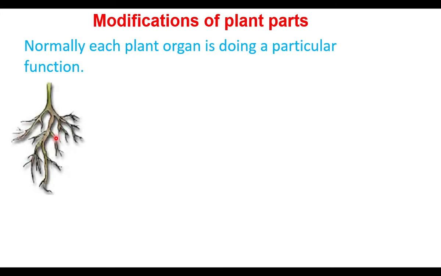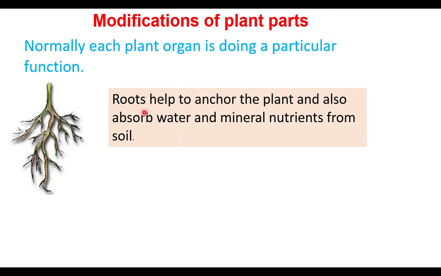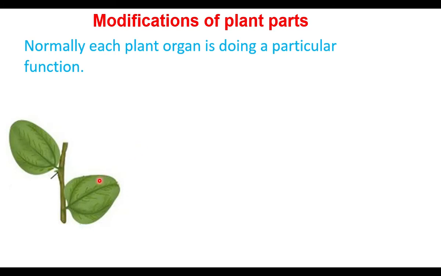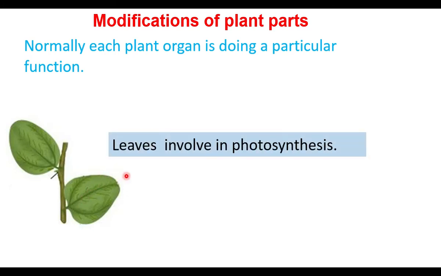The root system fixes the plant on the soil, that is anchors it, and the root system absorbs water. Roots help to anchor the plant and also absorb water and mineral nutrients from soil. Then what is the function of the leaves? Leaves are involved in photosynthesis.